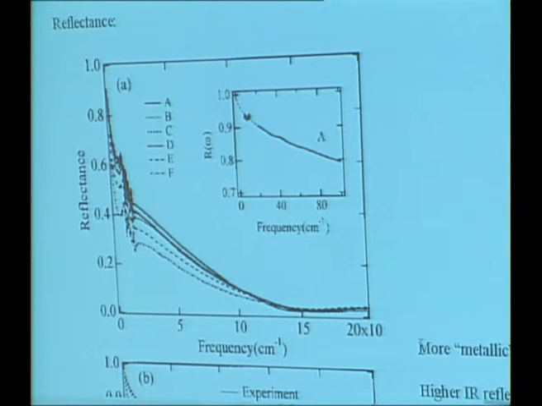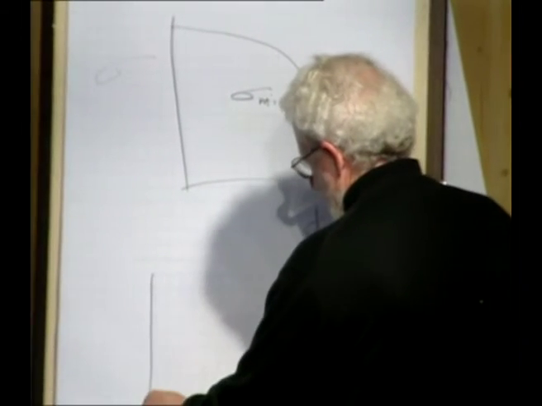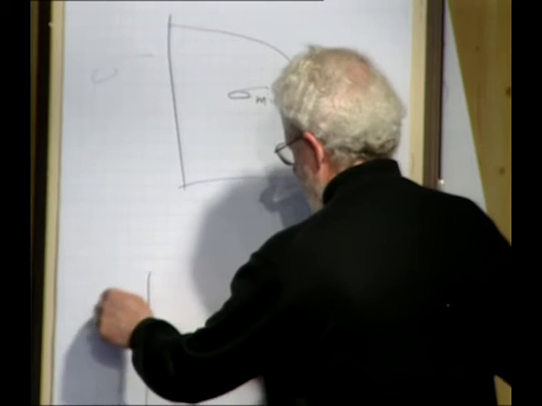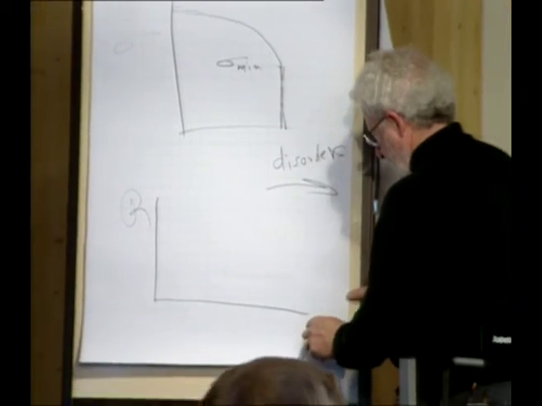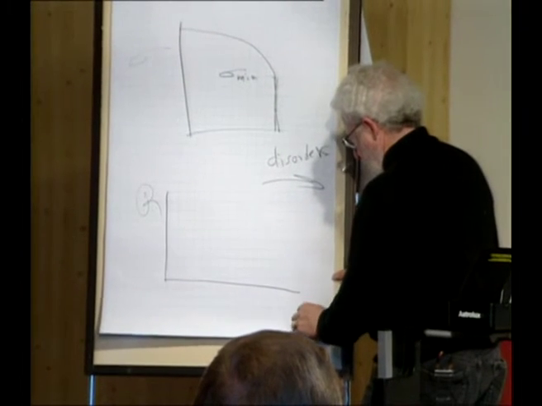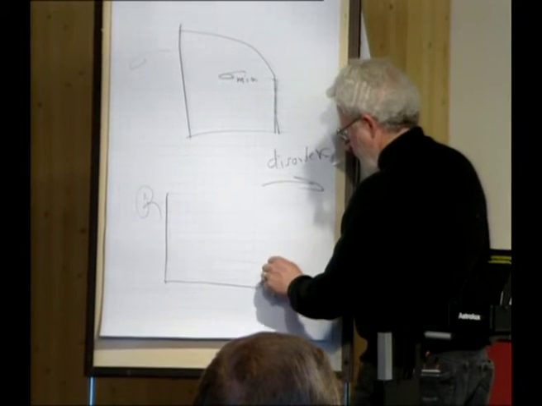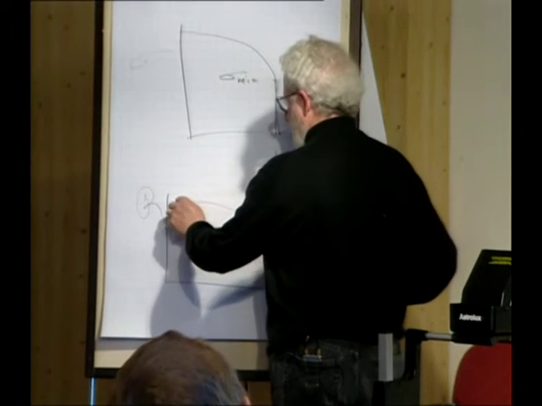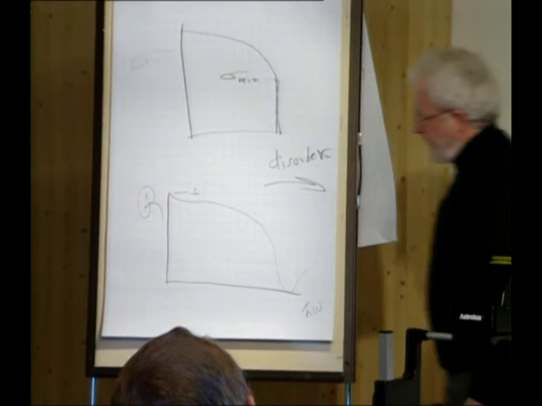So let's look at the reflectance. The reflectance, as you know, is a very good way to characterize a metal or characterize a conductor. And in a metal, the reflectance, we talked about this the other day, versus the frequency, has this nice feature of a plasma edge, and reflectance comes up and goes to 1 at 0 frequency.